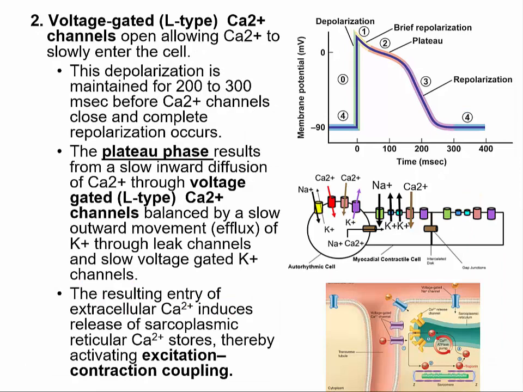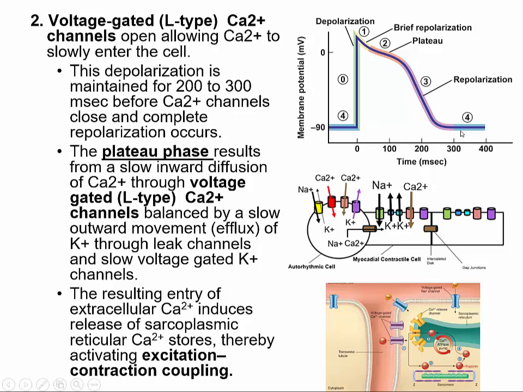So at number 2, the plateau phase, make sure you know that this is a phase where voltage-gated L-type calcium channels open, which allows calcium to slowly enter the cell. Now this depolarization is maintained for 200 to 300 milliseconds before calcium channels close completely and then repolarization occurs.